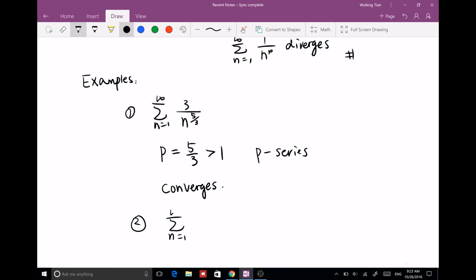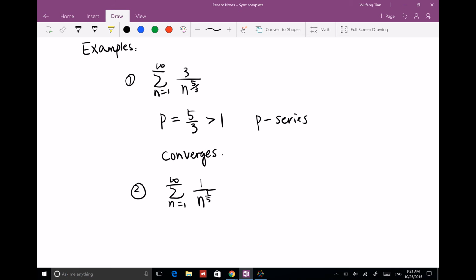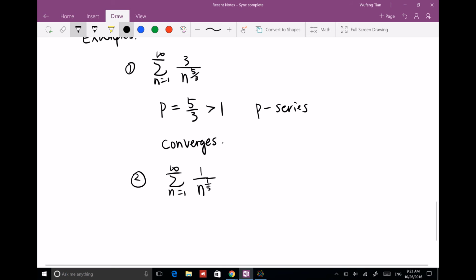More example. May call a student to help me with that. 1/n to 1/5. Okay. Taylor, could you please help me with this one? Well, the P is going to be less than 1. 1/5 is less than 1. Okay.